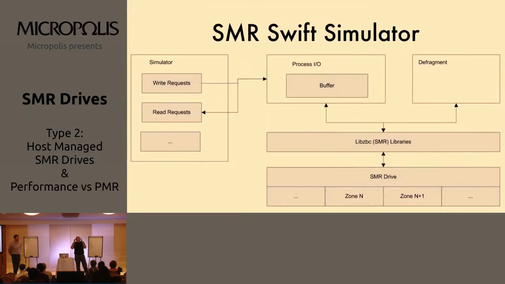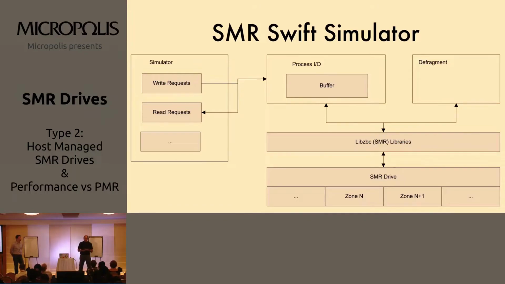So ideally, we would test the host managed drives with Swift itself. We'd just switch the disks and do the same test that John ran. However, that's not possible because now we need to do lots of things ourselves, and Swift is doing much more. Swift is doing operations on reads and writes, of course, on directories, on symbolic links, and metadata on the files.